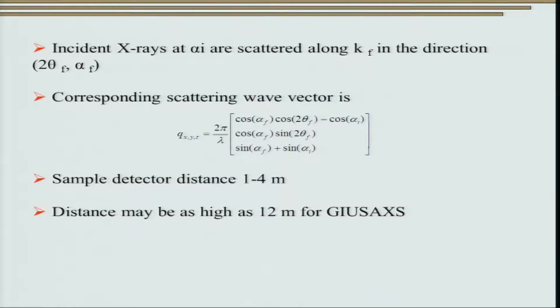Now, if you remember, in small angle X-ray scattering we also had a term q, which was 4 pi by lambda times sin theta, if I remember correctly. We talked about this in small angle X-ray scattering: the angles we are talking about are going to be very small, and since the angles are very small, in order to detect them the sample to detector distance has to be very large.